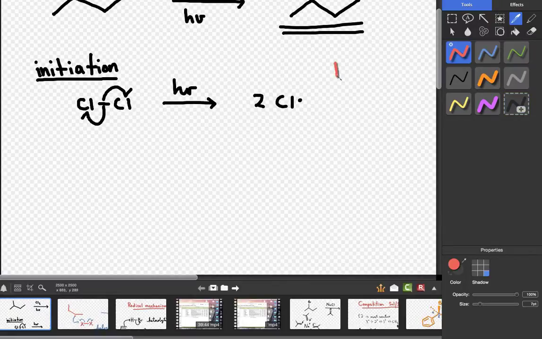This is homolytic bond dissociation, just as we discussed before.